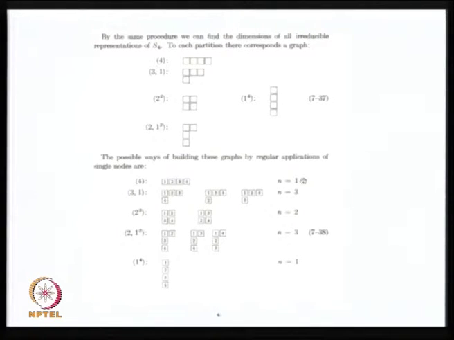There is a more formal way, called the Frobenius formula, which gives an algebraic answer, but this Young tableau method is a simpler way of realizing the Frobenius formula in a pictorial way. So here we find that there are 5 irreps and their sizes are 1, 1, 3, 3 and 2.